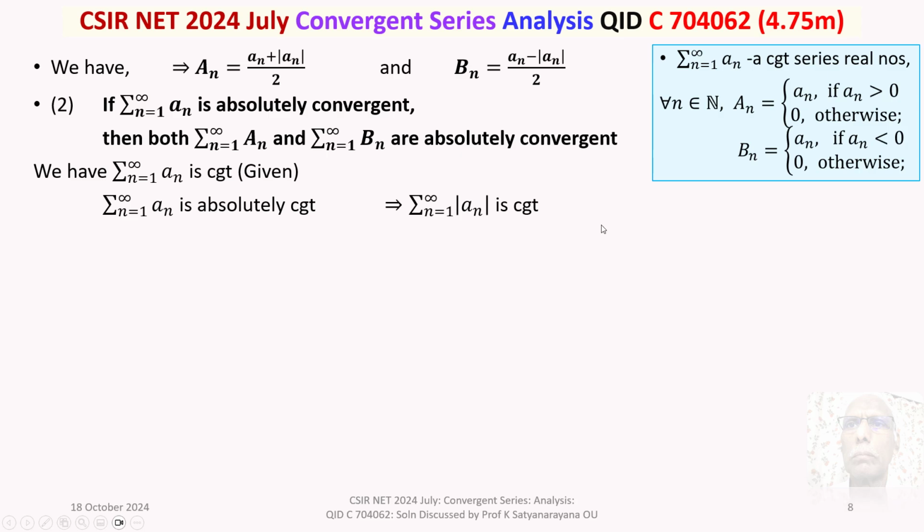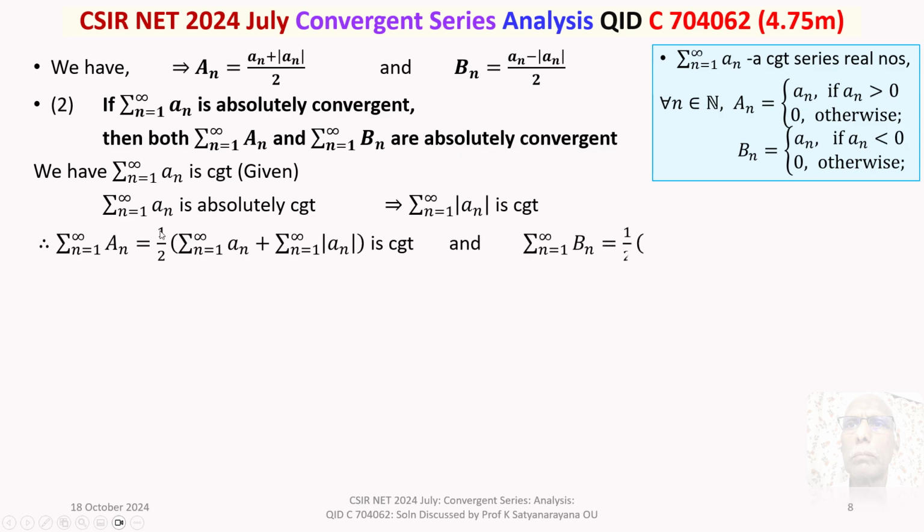Agreed. Now sigma capital An is equal to 1 by 2 into sigma An plus sigma mod An. Why? Because capital An is An plus mod An by 2. We take the sigma throughout. The first one is convergent, the second one is also convergent.